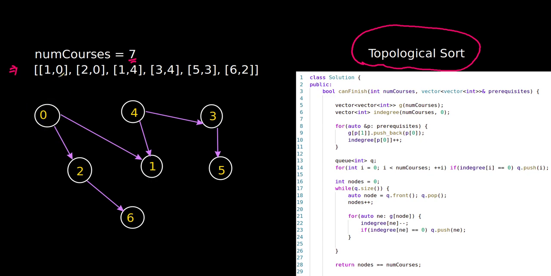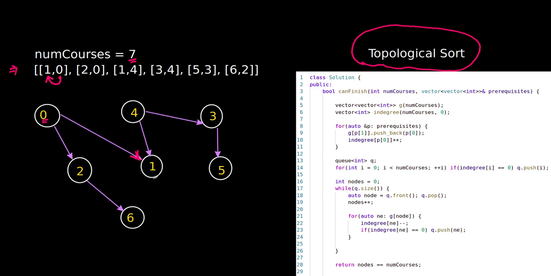To do that, we start from the first element. So we should take course 0 before taking course 1. So there is a directed edge from 0 to 1, and notice the direction of the edge.